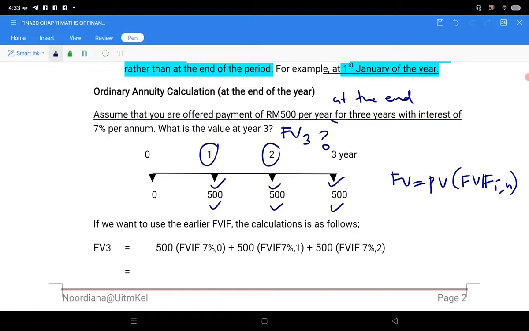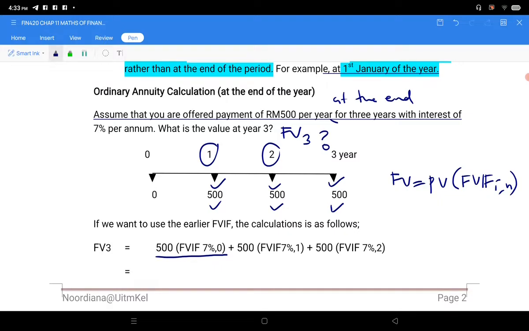Okay, untuk ordinary annuity. Okay, so year 1, right? Right, year 1 adalah, kalau you nampak kat sini. Okay, 500 darab dengan FVIF 7% 0.